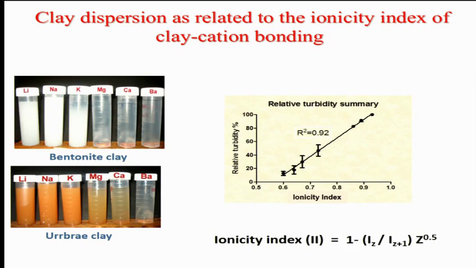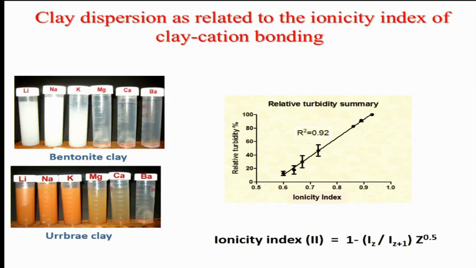IZ is the ratio of the ionic potential at a particular valency Z compared to the ionic potential when the valency changes from Z to +1. This ionic potential ratio determines how these ions are bonded to the clay, whether covalently or ionically, which is what I call the degree of ionicity.